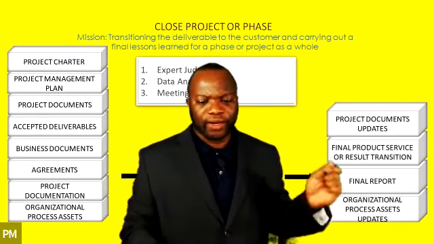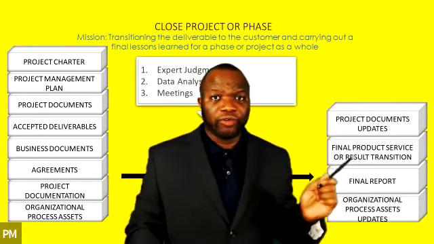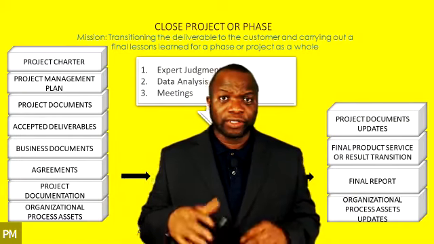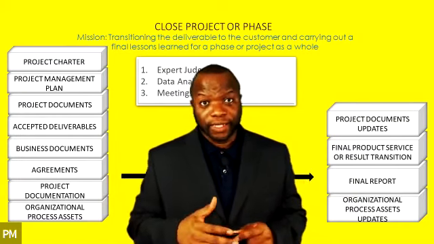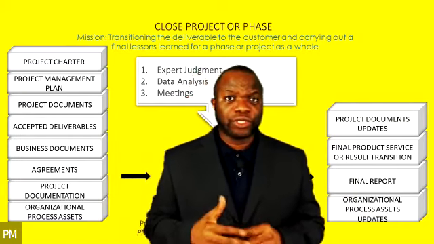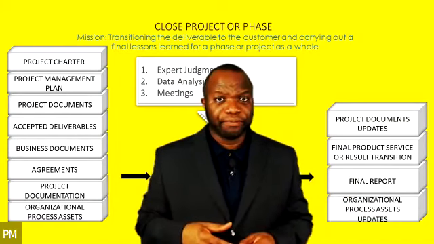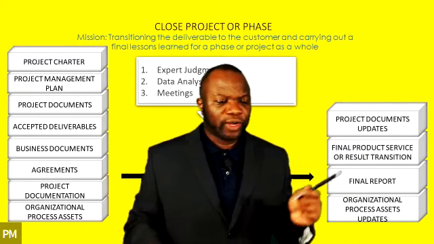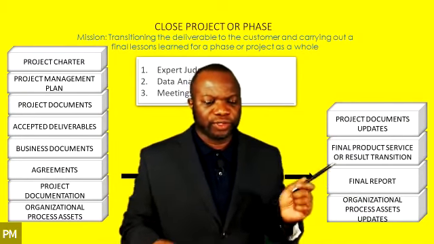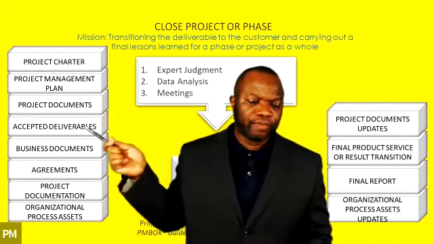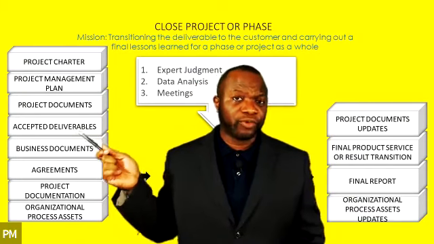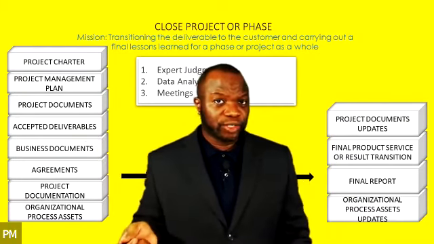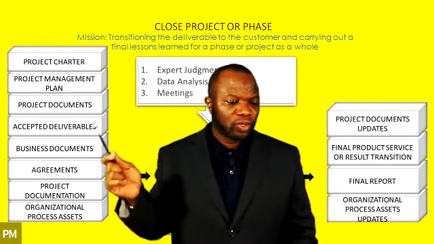There is a final transition of that ship. There's a ribbon cutting, there's a big old show, and it's formally transitioned to the operations team at the Coast Guard, for example. So whenever you see final product, service, or result transition, just remember it is this accepted deliverable that you are transitioning, okay?